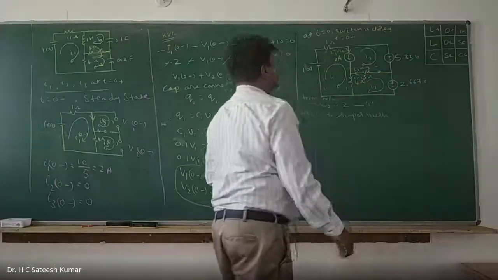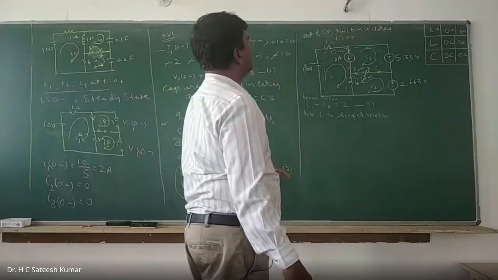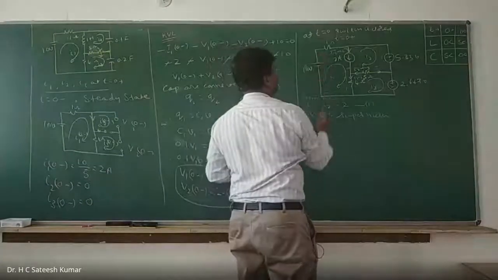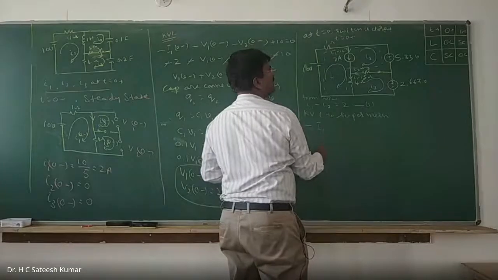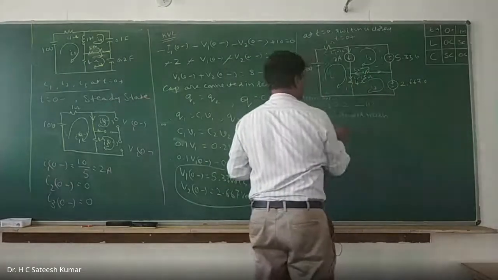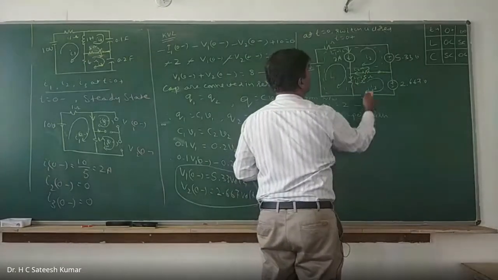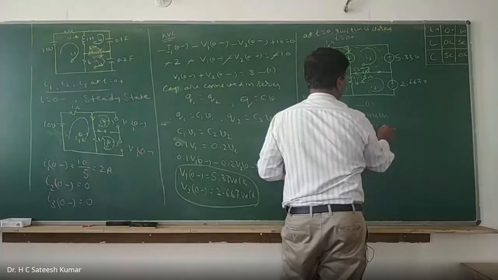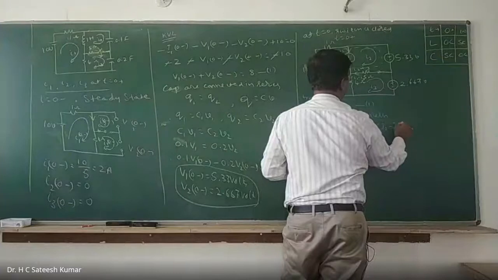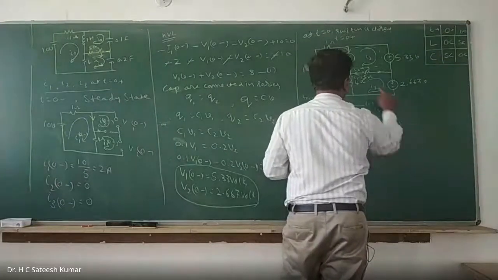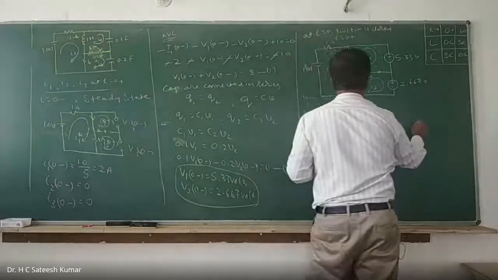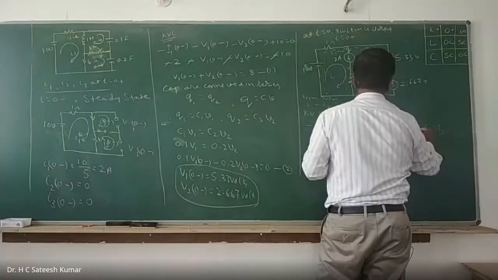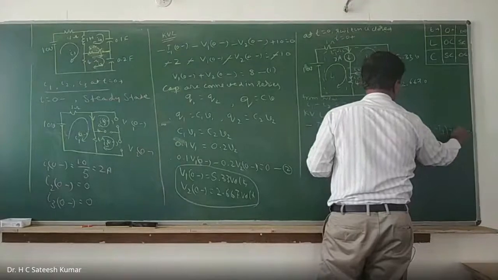KVL to the super mesh, starting from this point: minus 1 into I1, minus 5.33, minus 5 into (I2 minus I3), and minus 4 into (I1 minus I3), going this way, plus 10 is equal to 0.